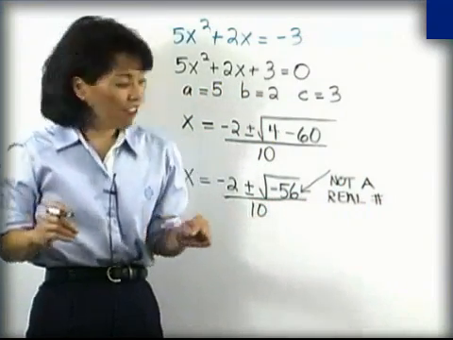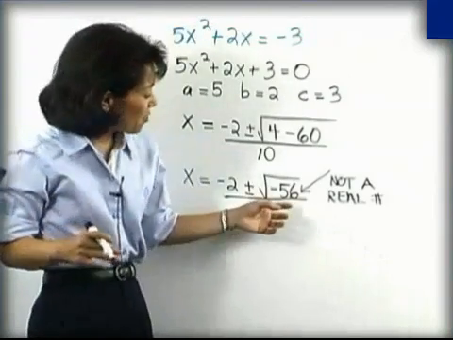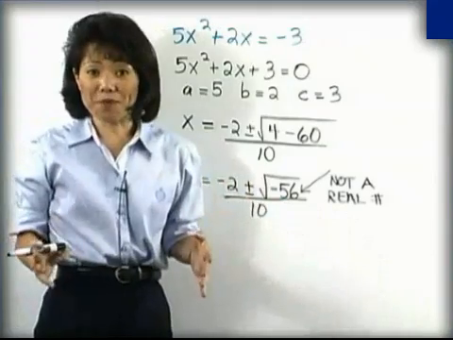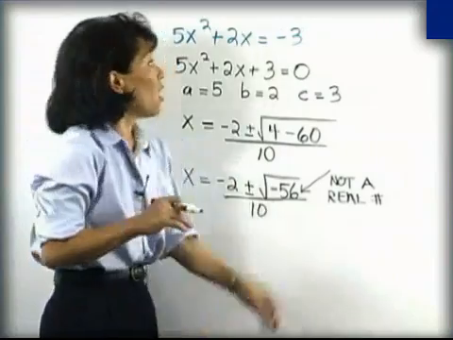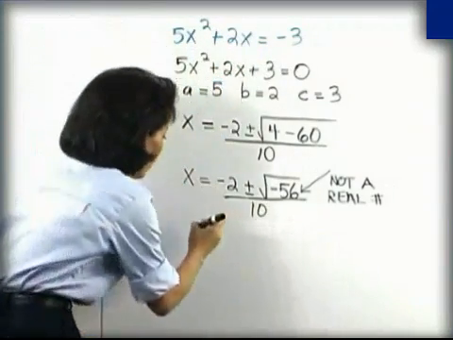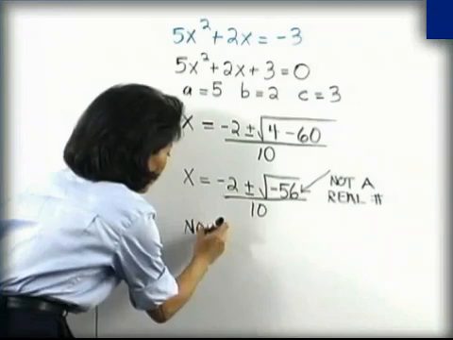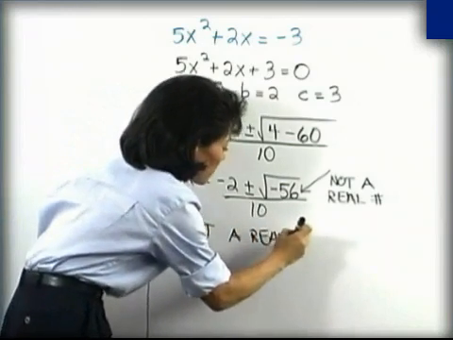If they are negative, then our square roots are not defined. So this is not a real number. So at this point, since we came up with not a real number, our solution to this original quadratic equation is not a real solution.